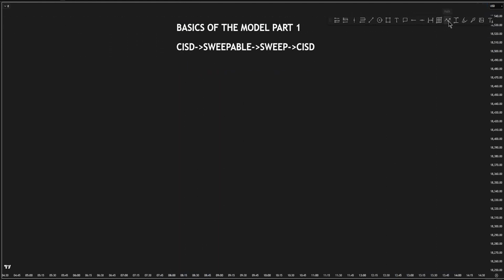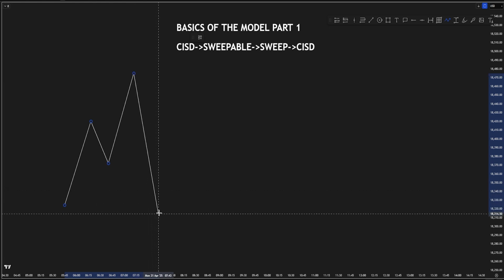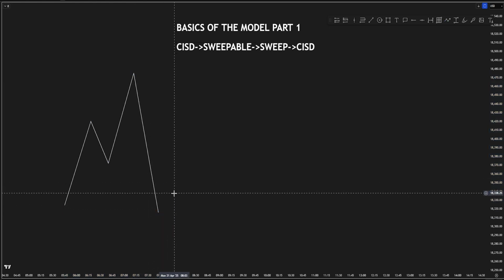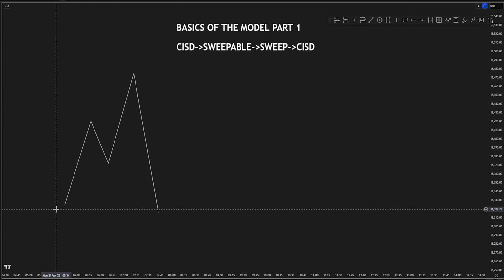A change in state of delivery is a breaker. Okay. So you have a low, a high, a low, a higher high, then a lower low, and you get a close below the swing. This is what a breaker is supposed to look like.